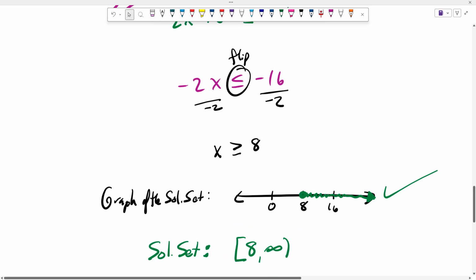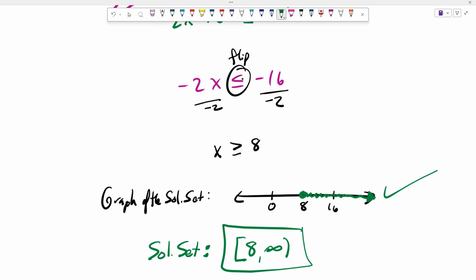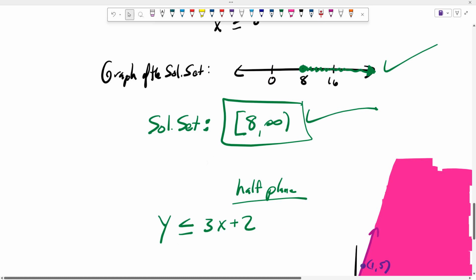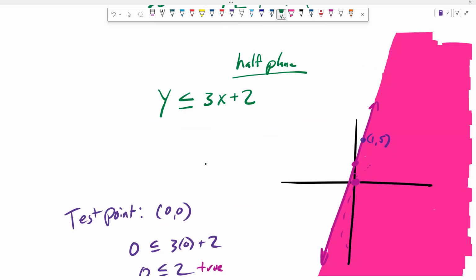The answer is no. Intervals are sets of numbers, not sets of ordered pairs. Only equations in one variable can you write the solution set in interval notation. The only way to find the solution set is to graph the solution set.